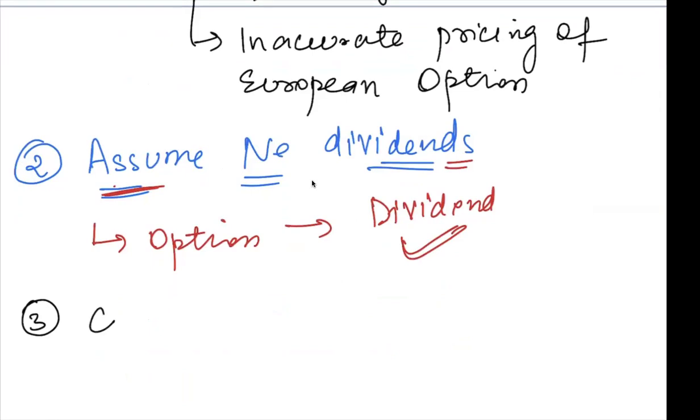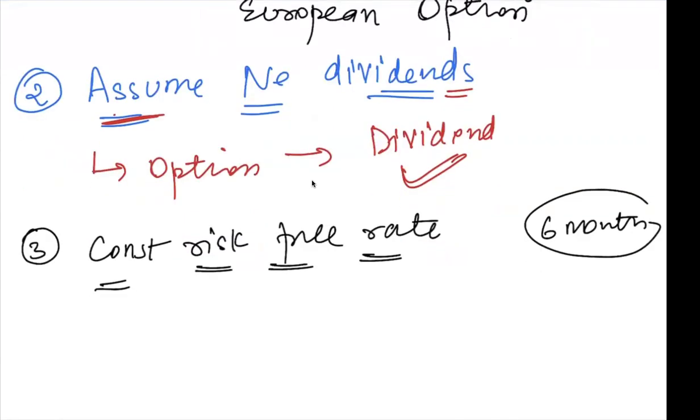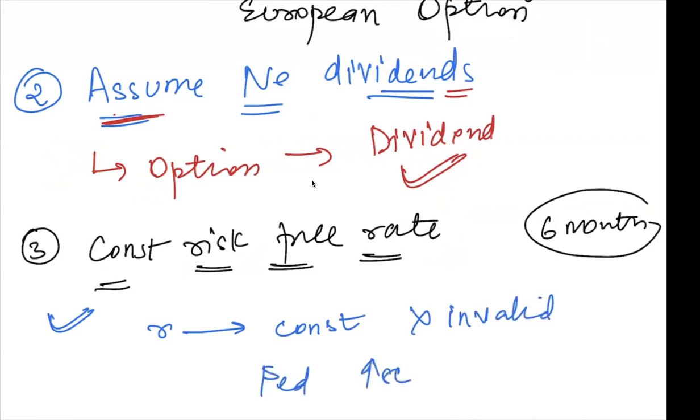The third limitation is constant interest rates, or a constant risk-free rate. Let's say you have taken an option of six months, and the Fed has increased or decreased the interest rates. Even though you assumed your risk-free rate will remain constant, this is invalid, because the Fed has changed the interest rate in one of those six months.